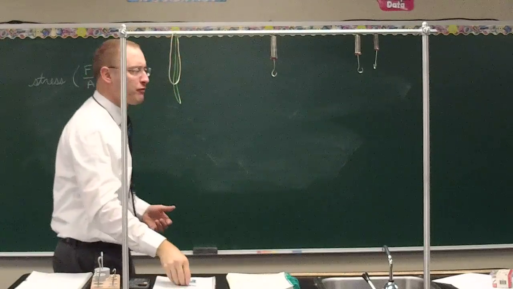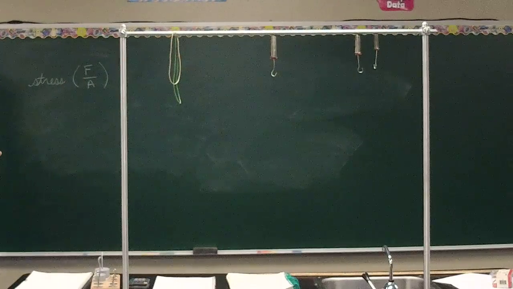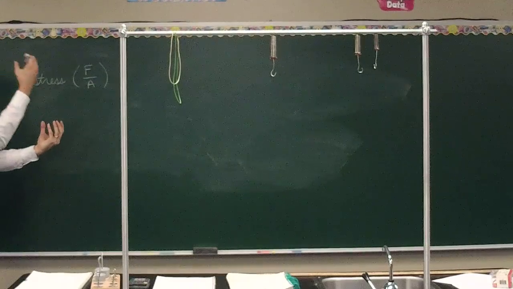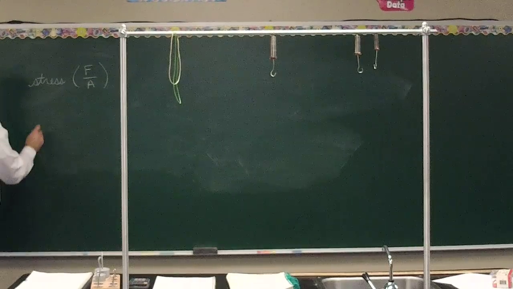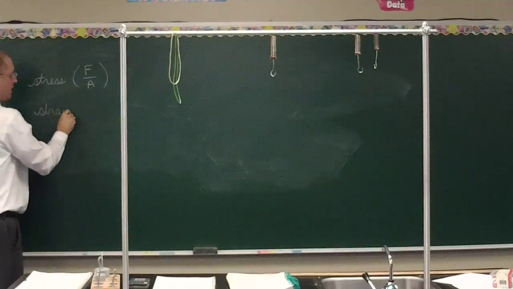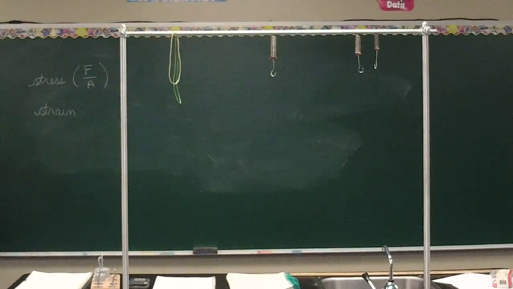But if I can account for the deformation relative to the original size, now I can come up with this substance has this constant. Relative deformation is called strain. Strain is relative deformation. The amount of deformation compared to how big the original thing was. Or, like I say, relative deformation.